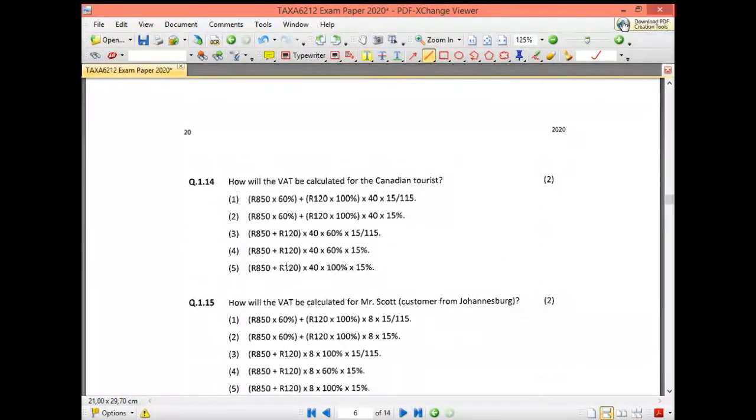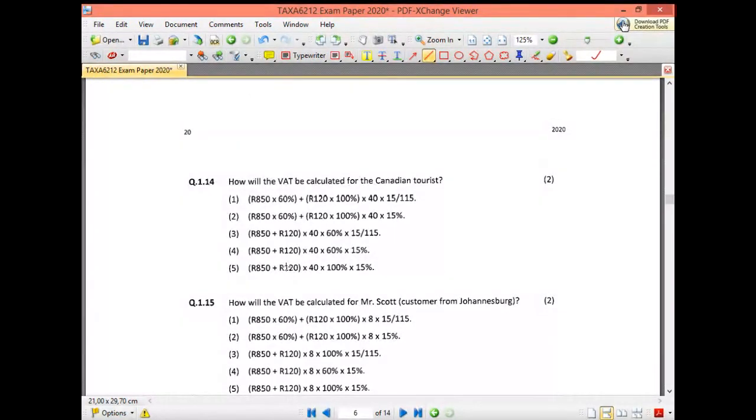Now, for VAT, we don't care if it is a foreigner or a local that we provide the service to when it deals with accommodation and the cleaning, because it happened in South Africa. So we know it's a standard rated supply. So the fact that it's a foreigner or local is not the issue.